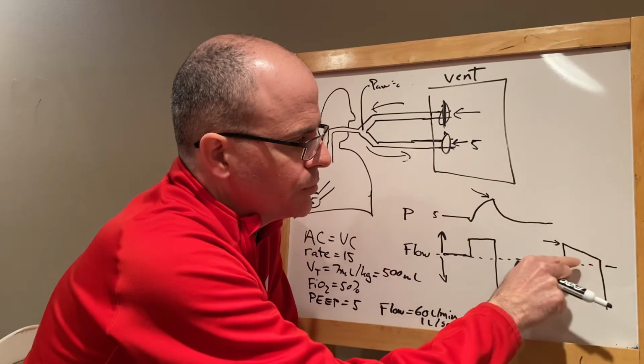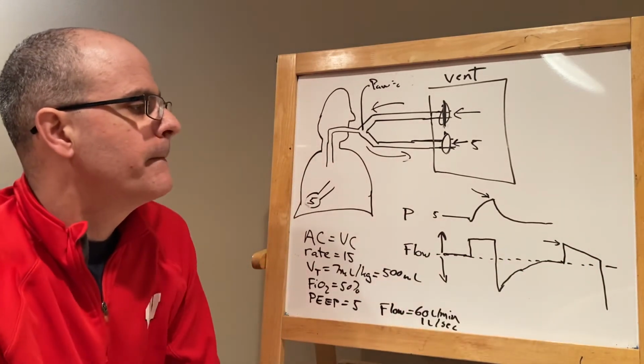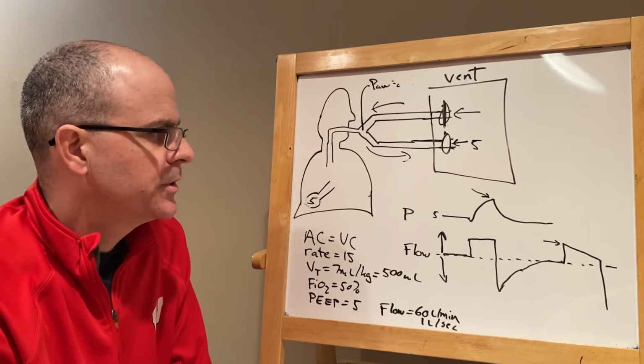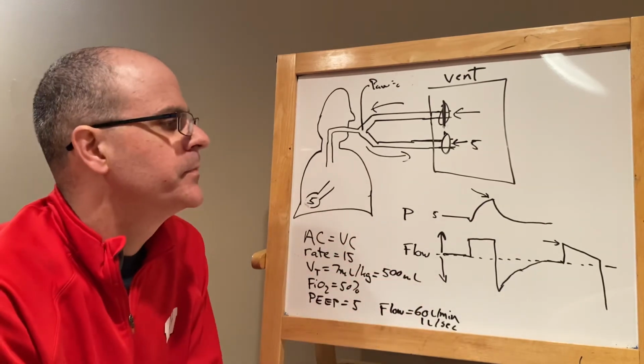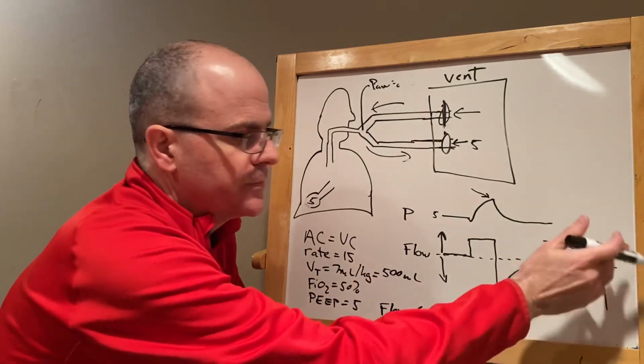By the end of inspiration, there's just not a lot of flow. When that happens, inspiratory time will be a little bit longer, right? Because you're still going to put in 500 mLs, but it won't be as fast of a rate through the whole time of inspiration.